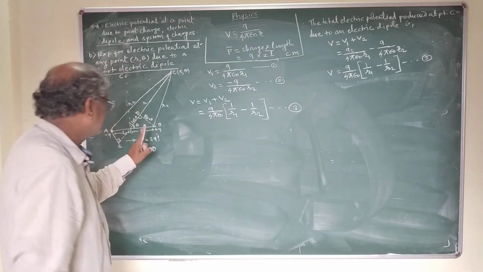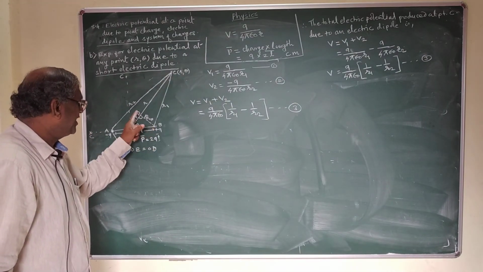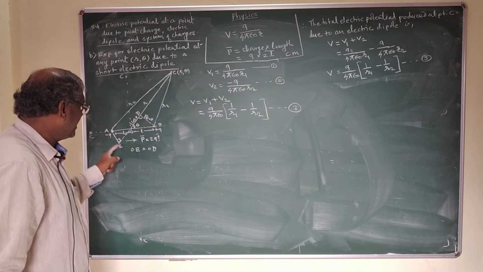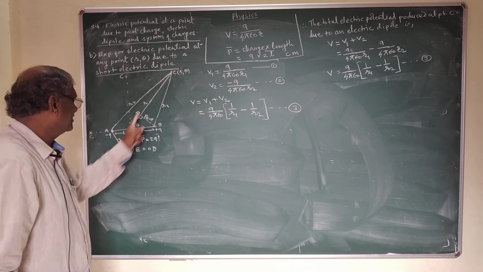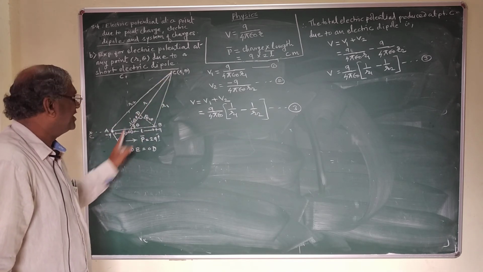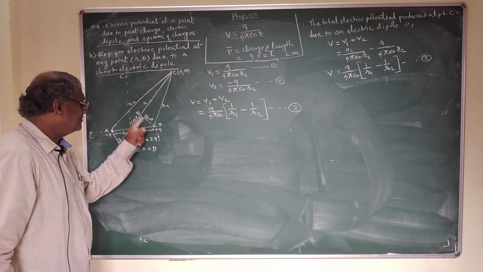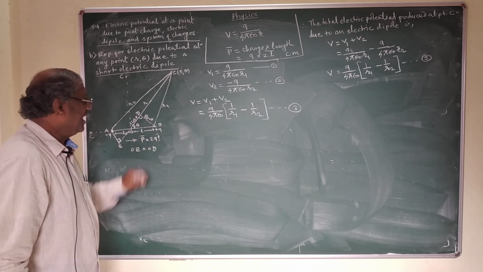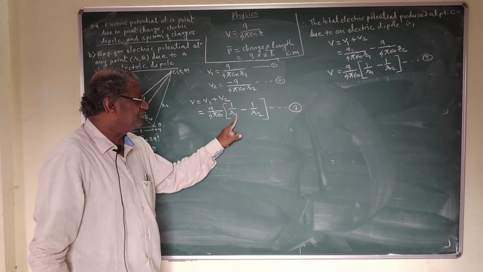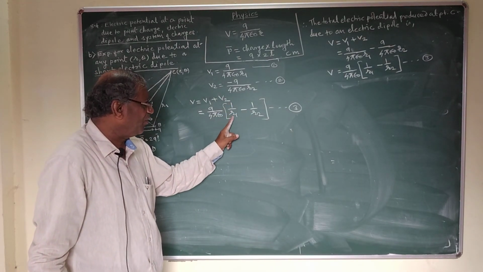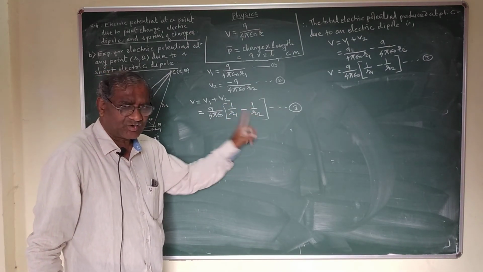For this purpose, draw perpendiculars BD and AE on the line CE. Now we want the value of 1 upon R1 and 1 upon R2.